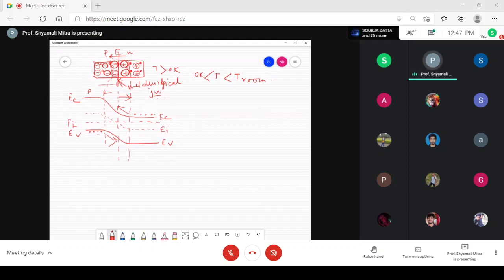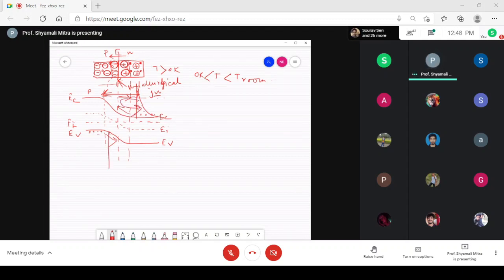So we can also draw that Maxwell-Boltzmann distribution, which is applicable at higher temperatures. And if that is so, then only some of the electrons residing here can pass through this direction to the p side by crossing the junction, and the electrons that are sitting over here just bounce back.